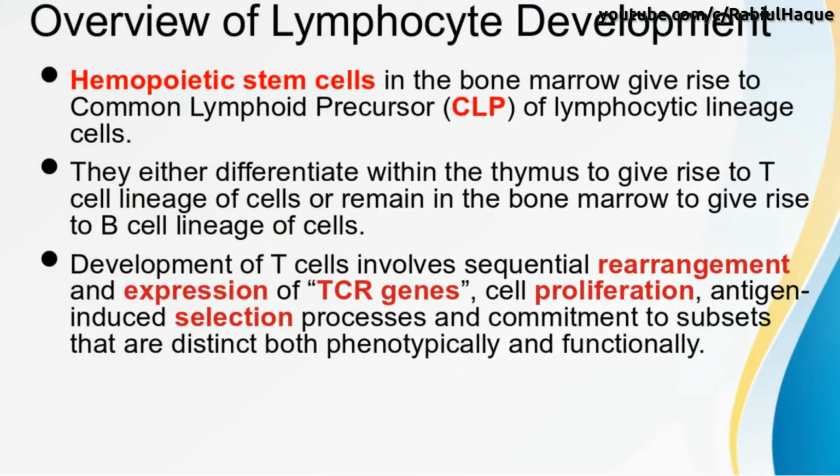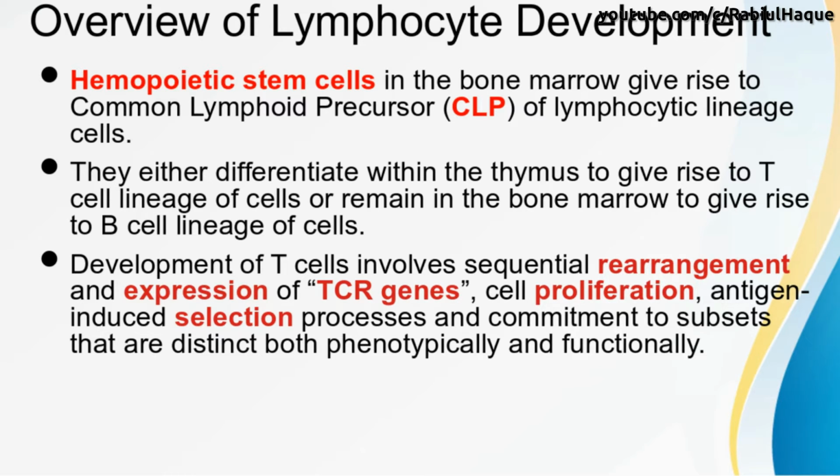Now always remember, it all begins in the multipotent hemopoietic stem cells in our bone marrow. Multipotent hemopoietic stem cells in our bone marrow will give rise to common lymphoid precursors of lymphocytic lineage. Then those cells will either migrate to the thymus to give rise to T-cell lineage of cells, or they will remain in the bone marrow to give rise to B-cell lineage of cells.